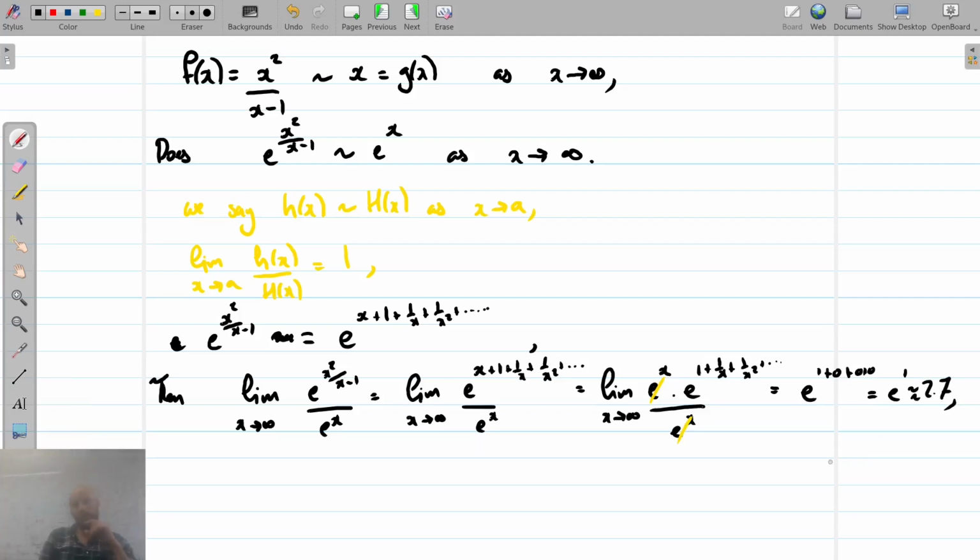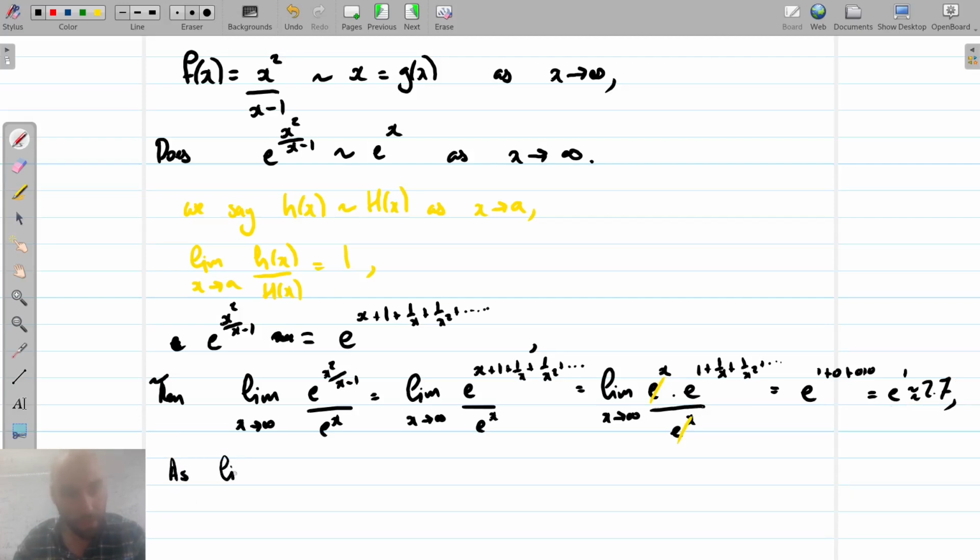So, why has this worked? What's gone on here? Are they asymptotic? Well, if they are asymptotic, what should the limit be? The limit should be 1, right? Our definition of asymptotic says the limit's 1. But in our case, we've worked out the limit, and it's 2.7.